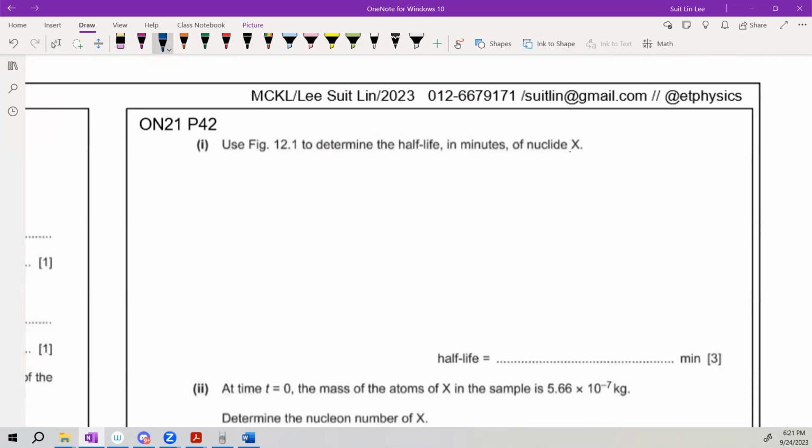Find the gradient, show that the gradient is lambda, then find the half-life. This one is all in one. If you remember that lambda is equal to negative gradient of the line, you can start from here. If you don't remember, then you start linearizing, because they never ask you to prove this.